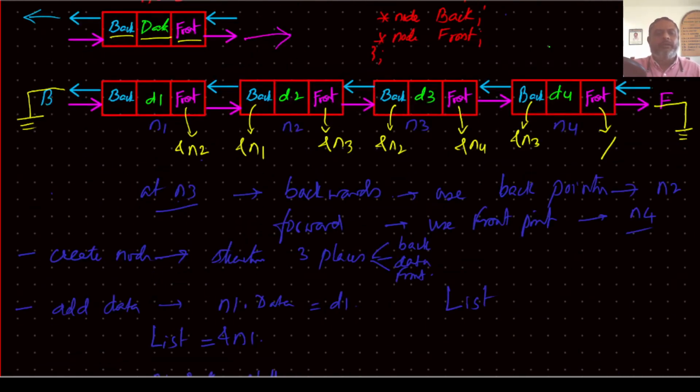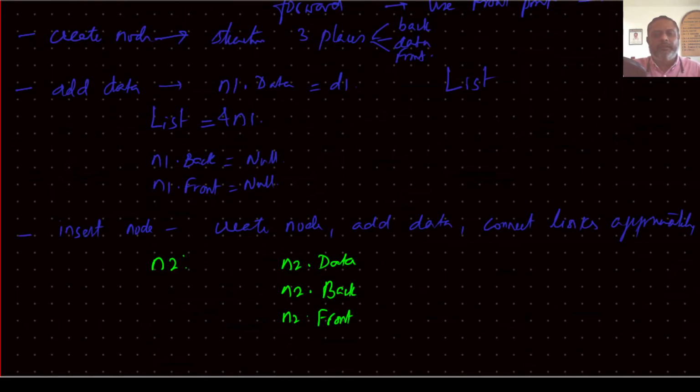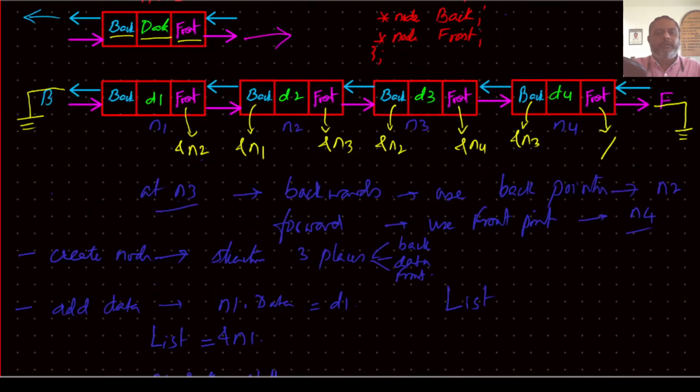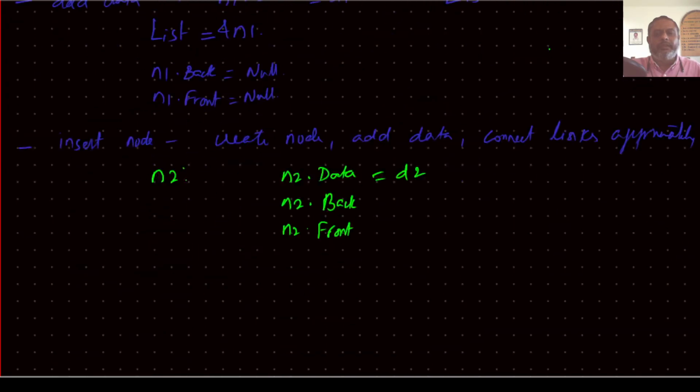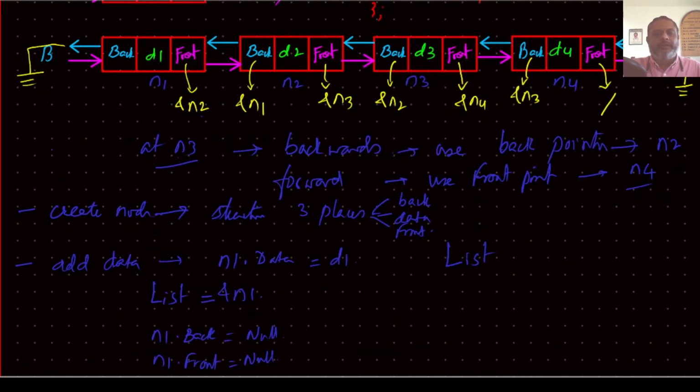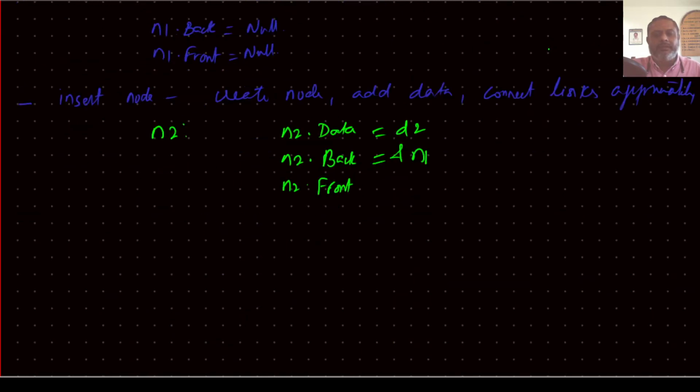What all things do we need to do? N2's data we wanted to be d2. Then n2's back is pointing to n1, so it should be the address of n1. After n2 nothing is there, so that's going to be null.